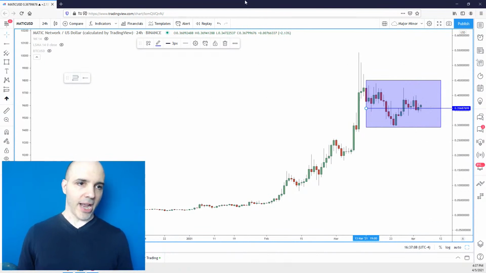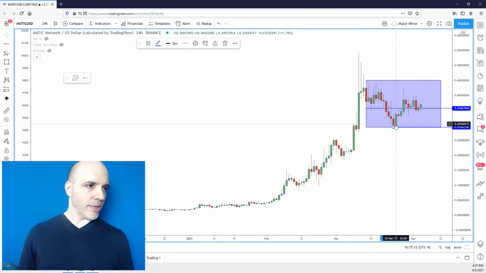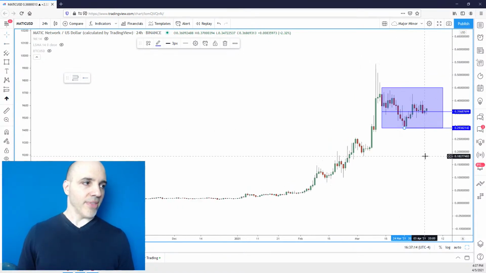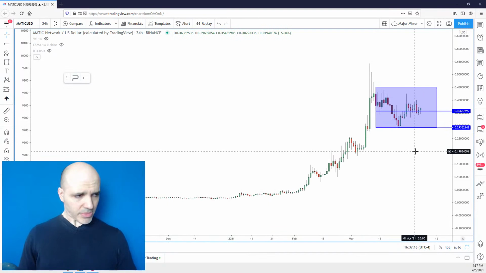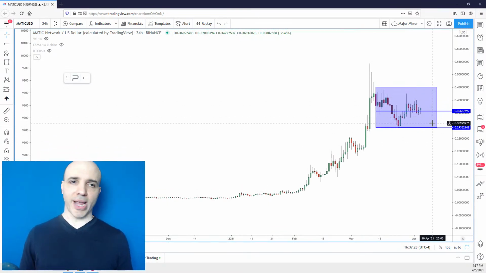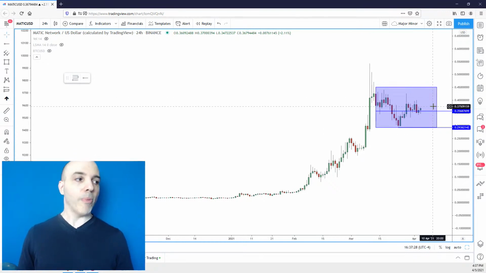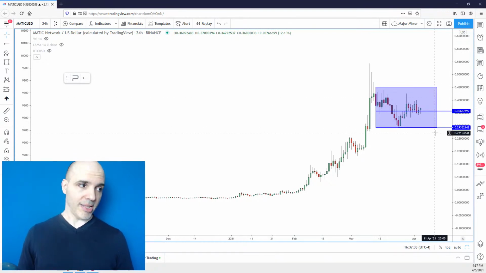It's a 50-50 area. So again, I'd be looking for the range low at 34 cents. Okay, that's one possibility. Or if you want to try to play that range breakout and buy it in the middle of the range, smaller size, right? And if it tests the low of the range, you put on that second portion that you were going to put on anyway, and hope that the trend continues at that point.